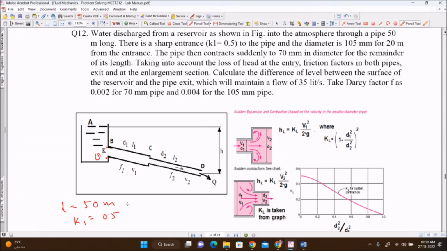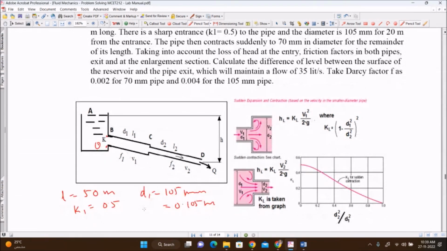Sharp entrance, the pipe diameter D1 is equal to 105 millimeter, which is 0.105 meter, and L1 is 20 meter.